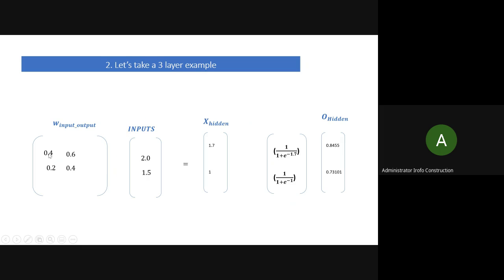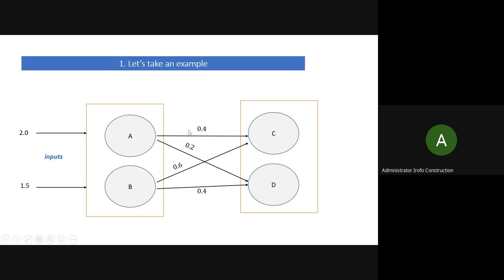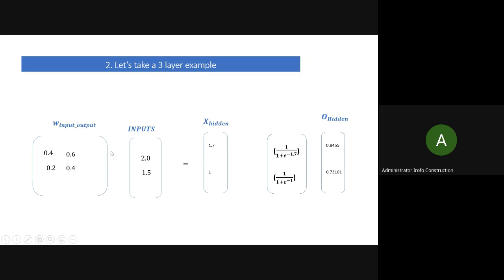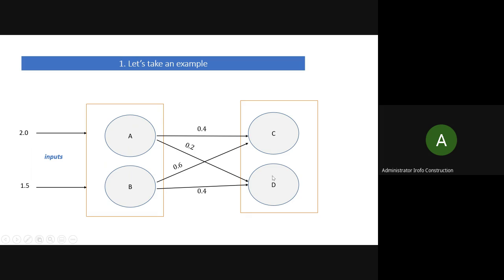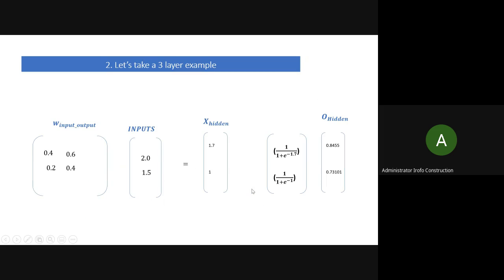That's 0.4, 0.6 on this row. And for the second node, the links coming to it are 0.2 and 0.4, which will be in another row. So you have converted it into matrix notation.